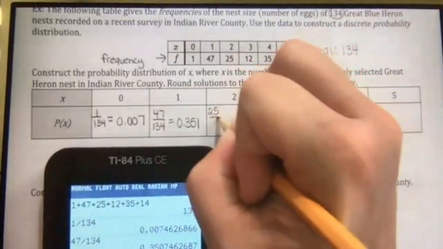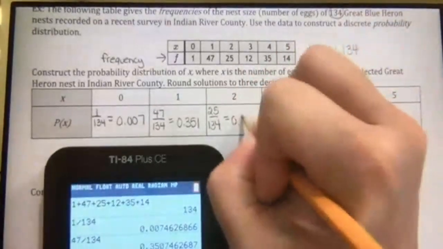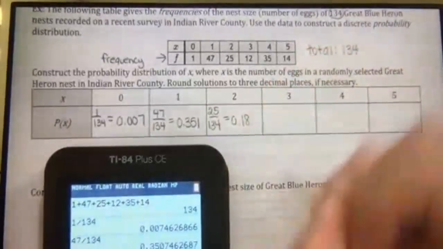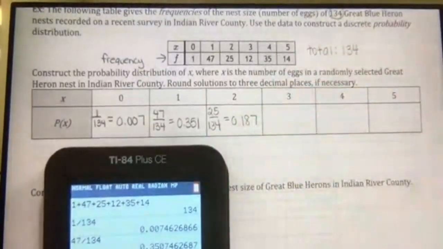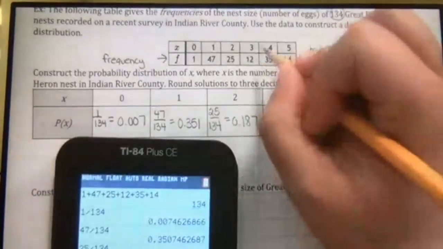With 2 eggs, we know there's 25 nests out of our total 134. So 25 out of 134 would give us 0.1865. So that 65 is going to round up to 7, 0.187. There's 12 nests with 3 eggs.